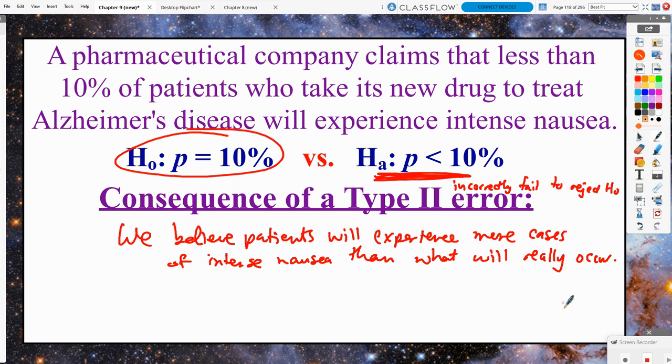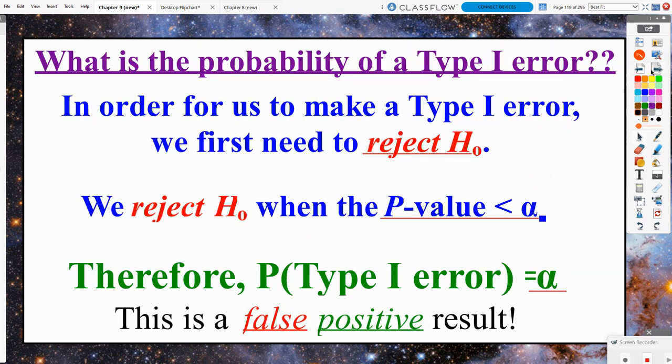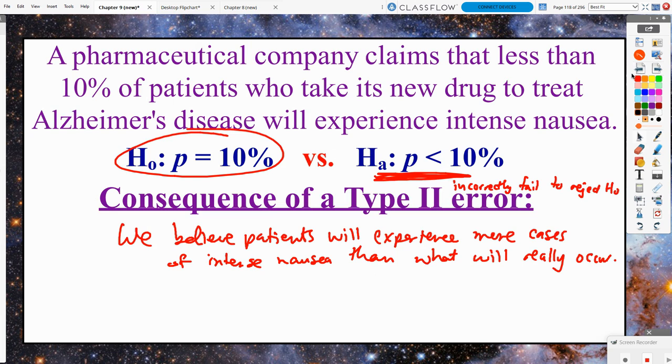Now, if that's the case here, the pharmaceutical company may decide to not sell this particular medication. And so, they may take it off the market when, in fact, it really could help these Alzheimer's patients. They won't experience as much intense nausea as what we thought maybe they would have experienced if we had given it to them. So, in the end, which one is really the worst one?